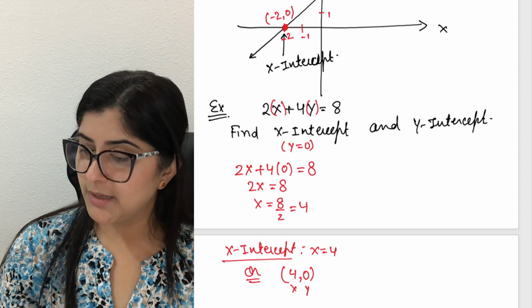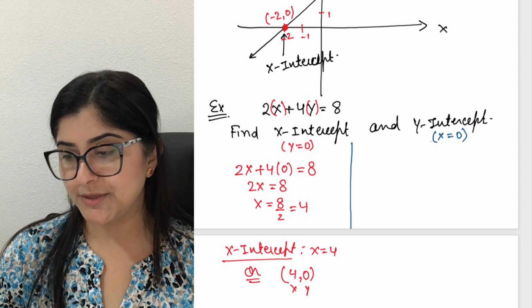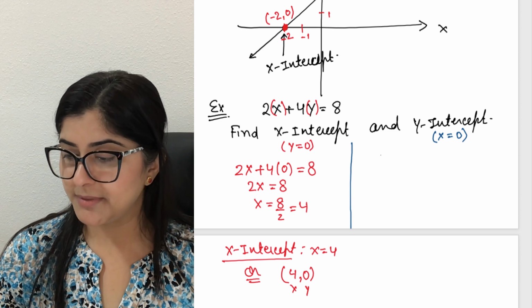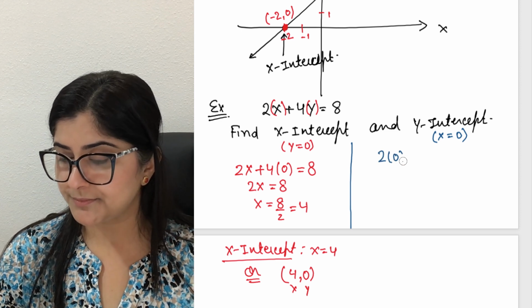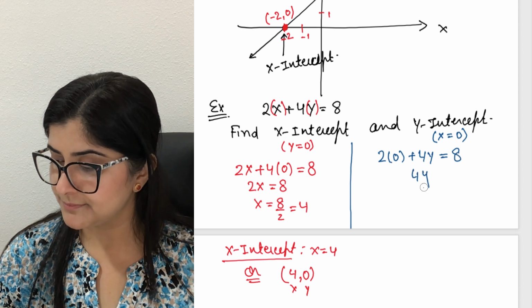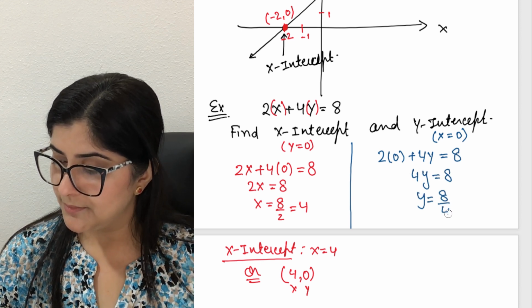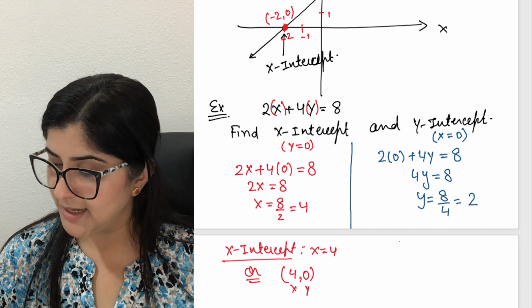Now to find the y-intercept, we know that we have to replace x with 0. In this equation, replace x with 0 and solve for y. Divide both sides by 4. We get y is 2.